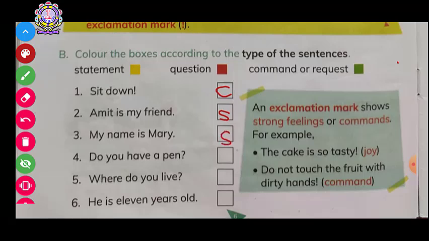Do you have a pen? Now this is asking a question, isn't it? So what will come here? Yes, question, so Q. Where do you live? Question, obviously, someone is asking for information about where your home is. He is 11 years old.